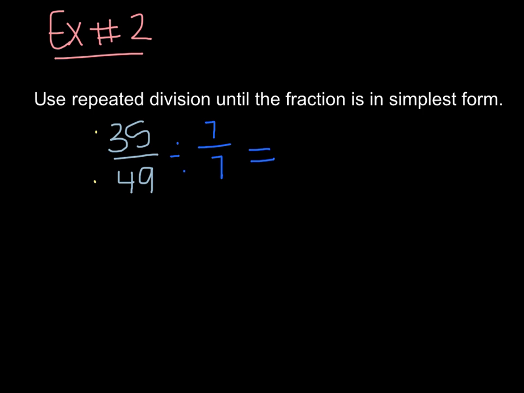So 35 divided by 7 is 5, and 49 divided by 7 is 7. And then it's already in simplest form because 5 and 7, there is no number that they both can be divided by that's going to give me whole numbers. I don't want any decimals. I don't want any remainders. So I don't even have to use repeated division because I just divided one time and I already got my answer. 5/7.